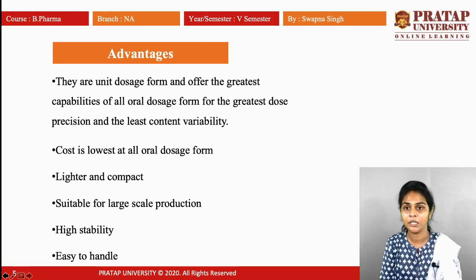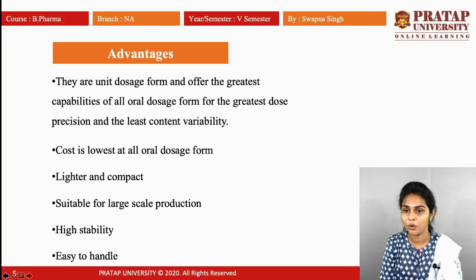But in the case of liquid oral dosage forms, the dose is 1 tablespoonful or 1 teaspoonful, so sometimes there is content variability. In the tablet dosage form, this is the advantage: being a unit dosage form, it has dose precision and the least content variability.